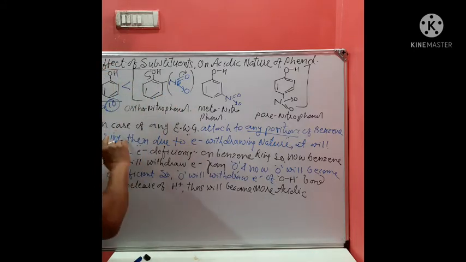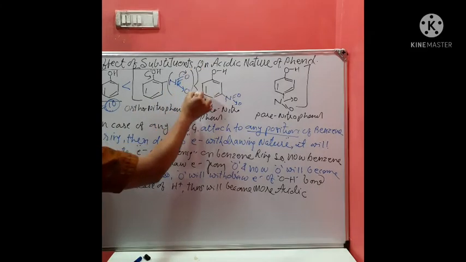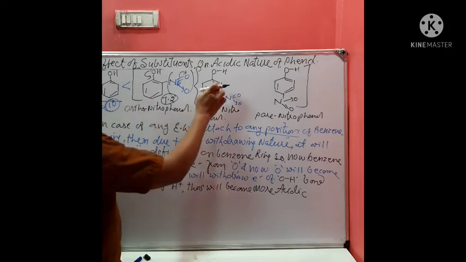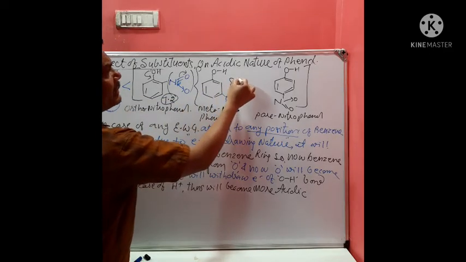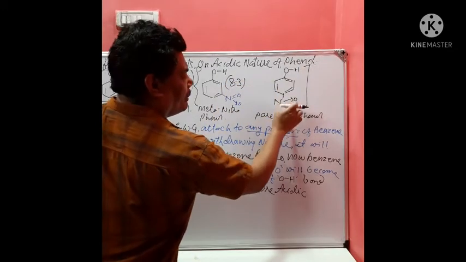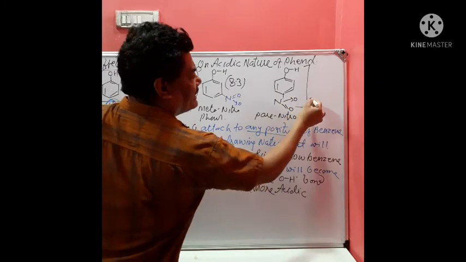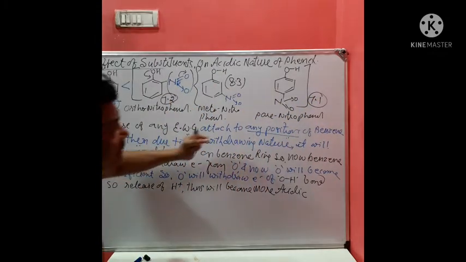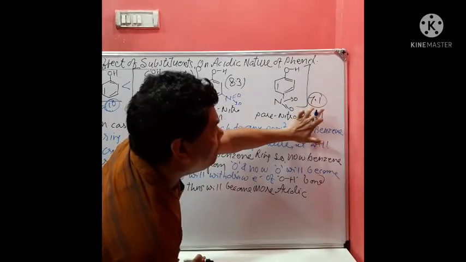The pKa value of orthonitrophenol is 7.2. The pKa value of metanitrophenol is 8.3. And the pKa value of paranitrophenol is 7.1.